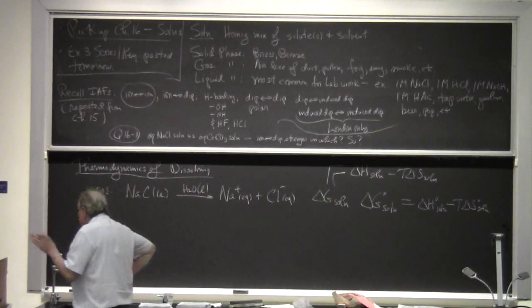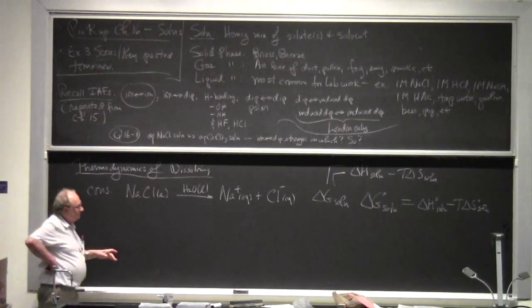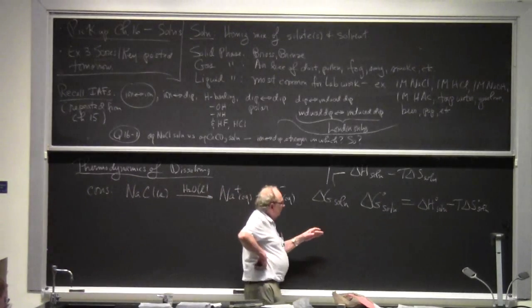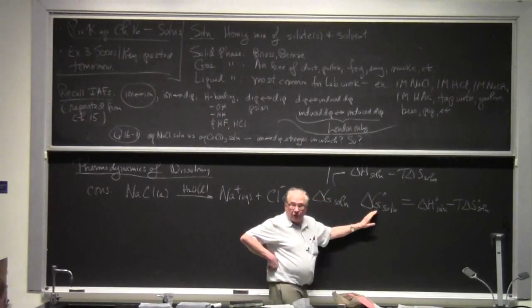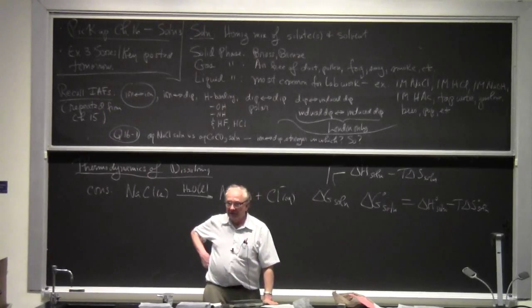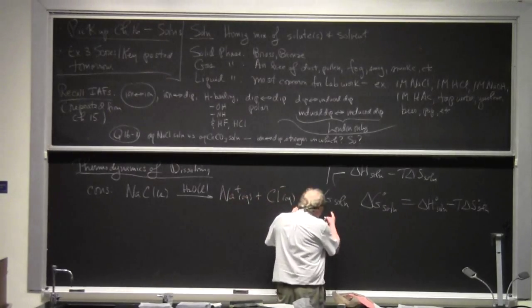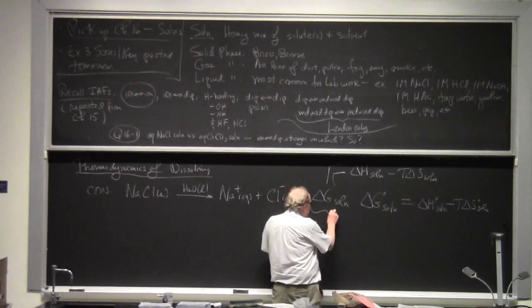Do you remember that at that time, we talked about needing to know if the process is spontaneous? And we said, you can look at delta G for a process and get at spontaneous.